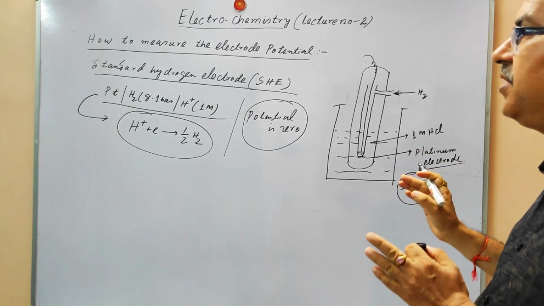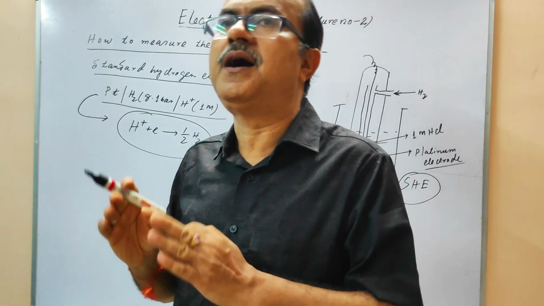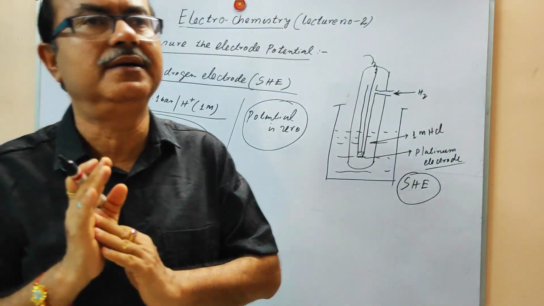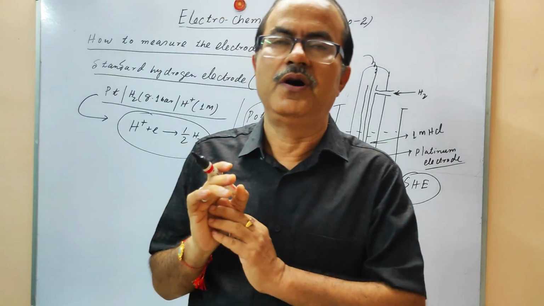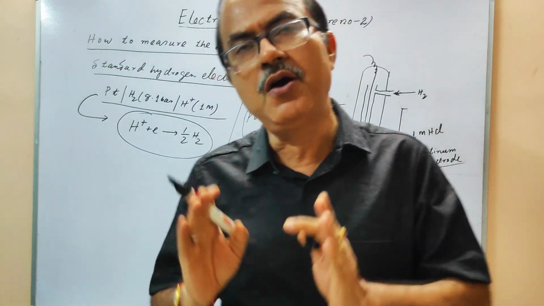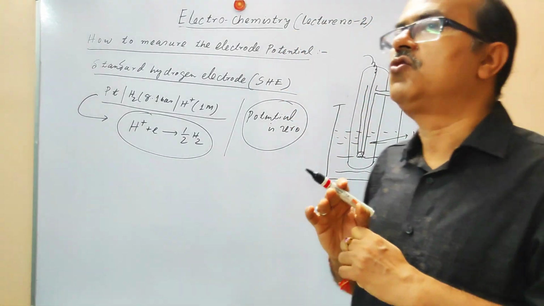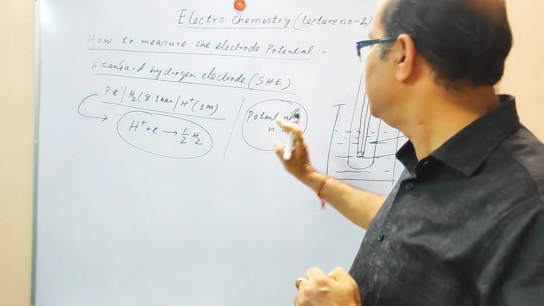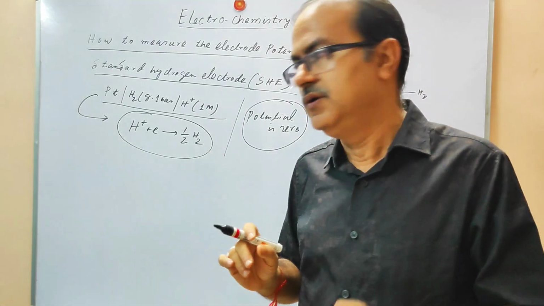When we are going to measure the potential of another half reaction, we have to put the standard hydrogen electrode at the anode.